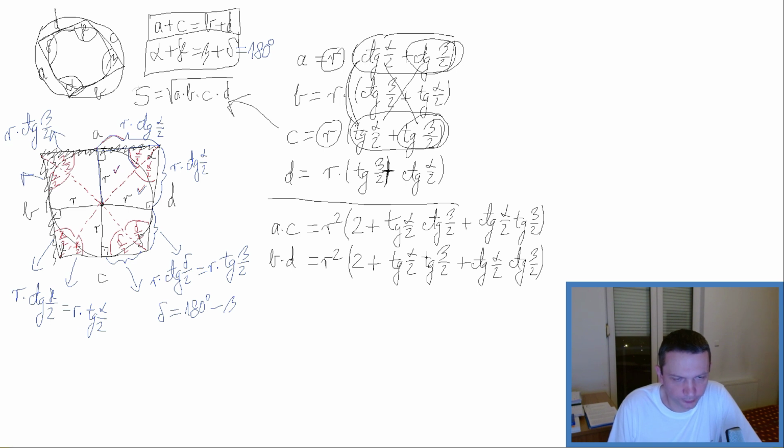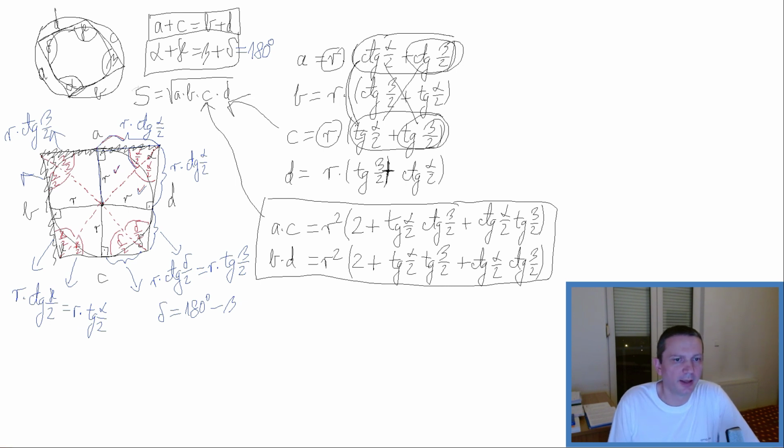Okay, and if we multiply these two, we will obtain this product here. And so we need to show that this product is actually the square of the area of the quadrilateral.